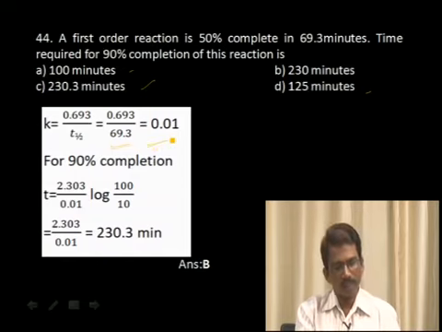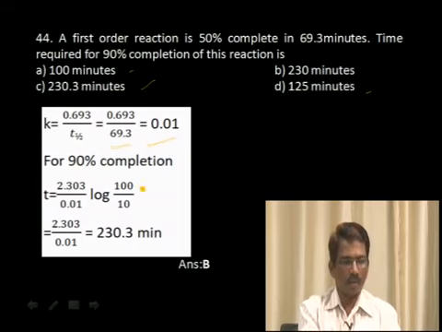For 90% completion, R naught equals 100 and R becomes 100 minus 90, and that is equal to 10. Definitely t is equal to 2.303 by K, which is 0.01, into log 100 by 10, which is log 10, and log 10 is equal to 1.